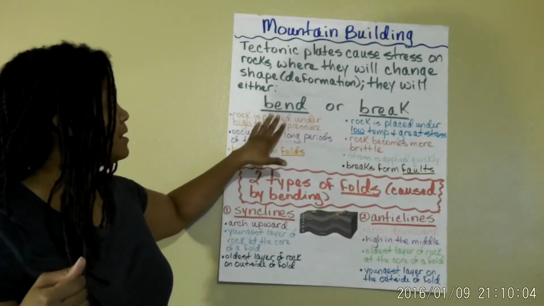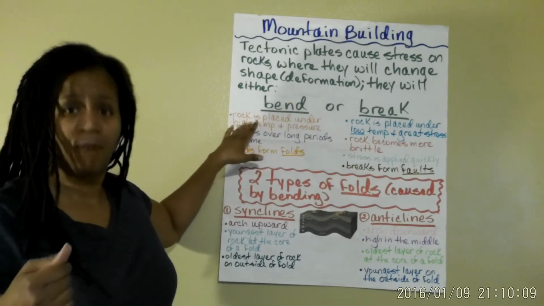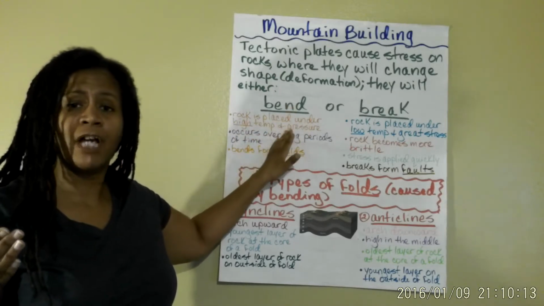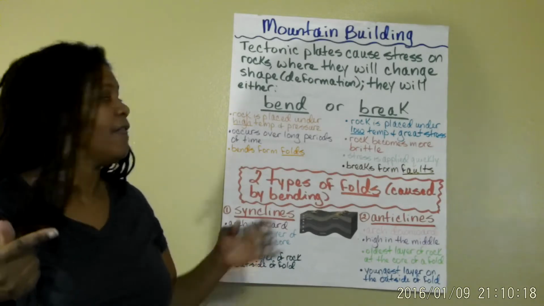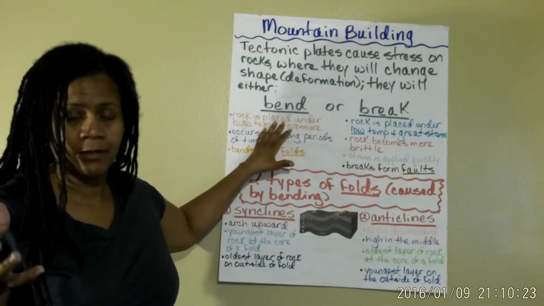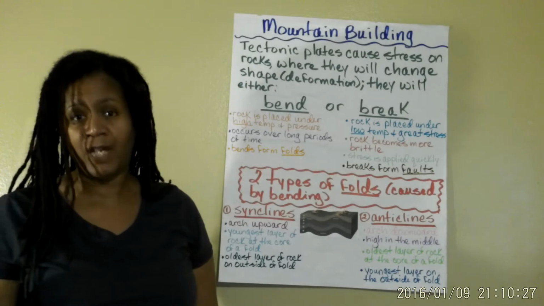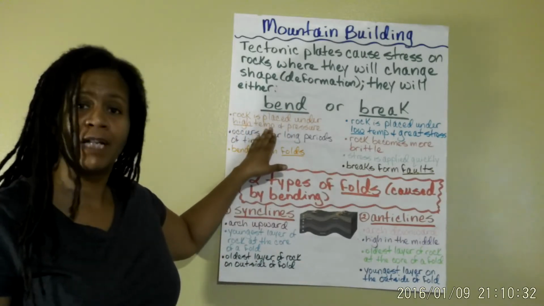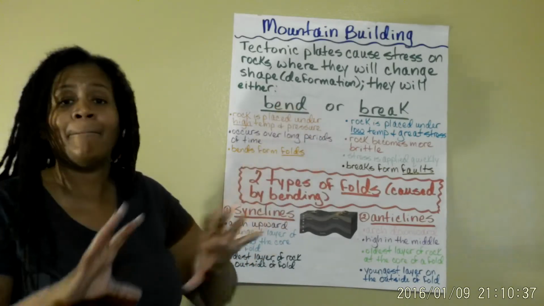And what happens is that when certain rocks are placed under high temperature and pressure, they will actually bend, because remember, they start to become molten. Okay, remember that term molten rock when we talked about mantle convection. So when rocks are under high temperature and pressure, they start to become a little molten, and then they can bend.